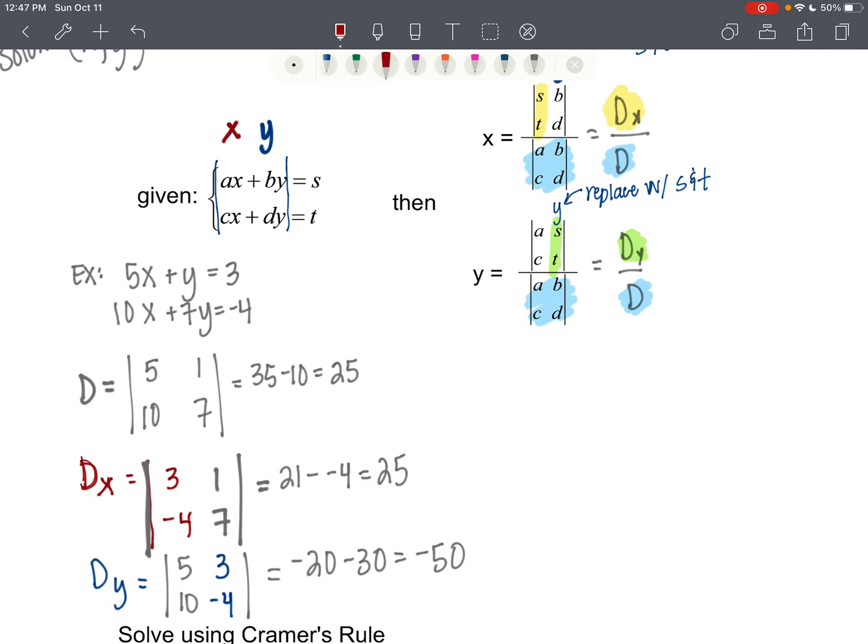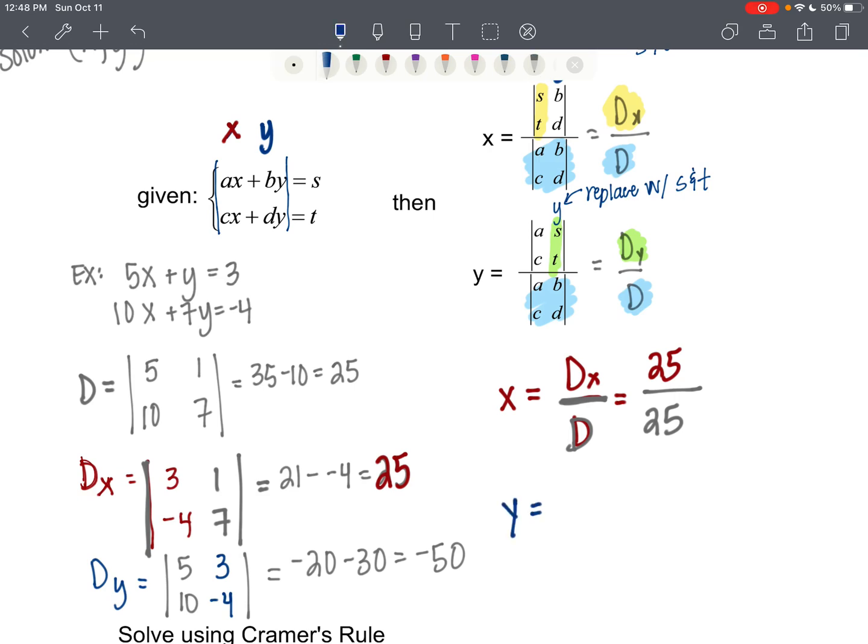It's a beautiful day. So x is going to equal the determinant of x divided by the determinant. So the determinant of x is going to be this 25, and the determinant is 25. And that's going to equal 1.